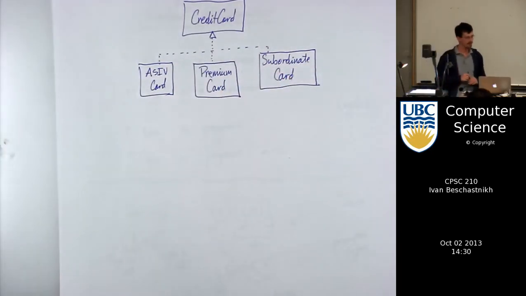And this premium card has this interesting feature that in order to use this card, you need to use it when your purchase is large enough. You can only use it on really expensive purchases. That's what makes it premium.